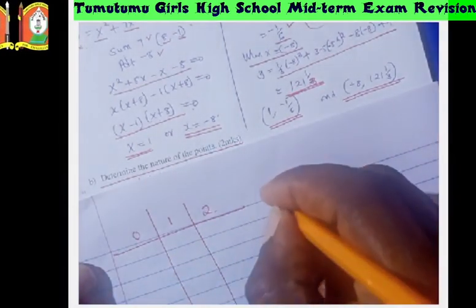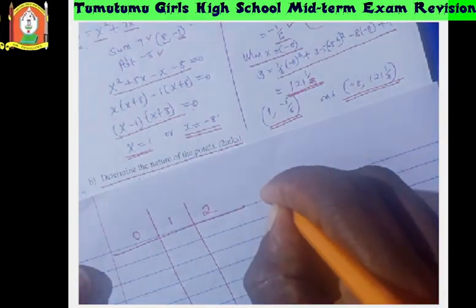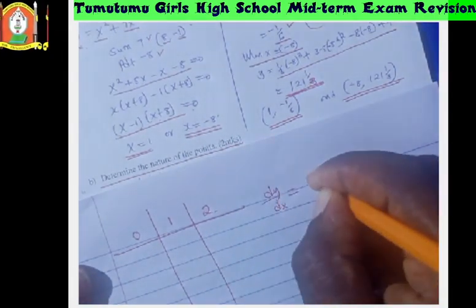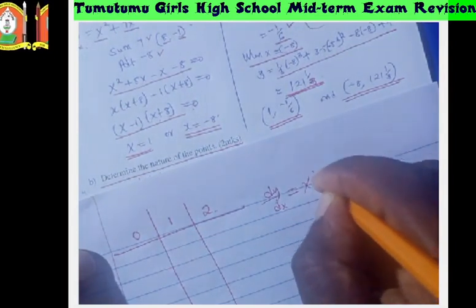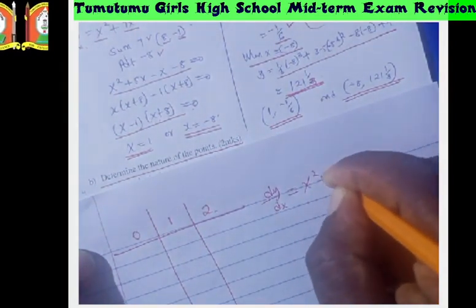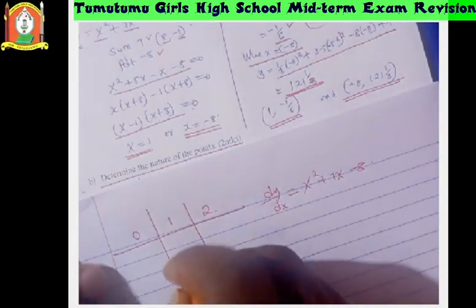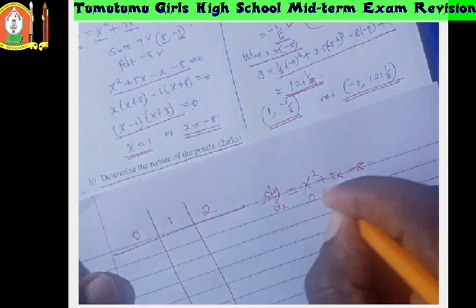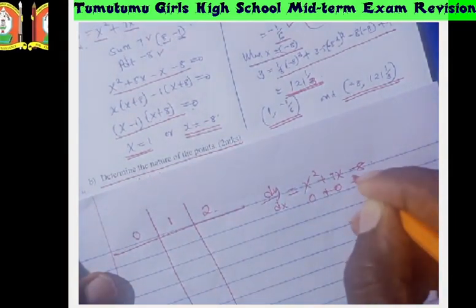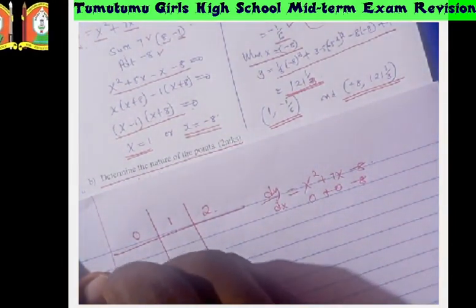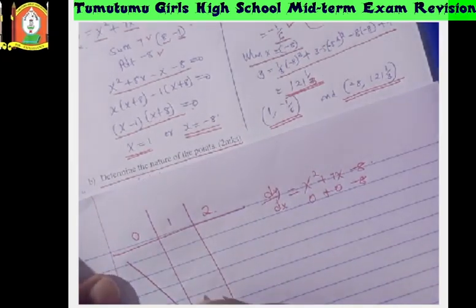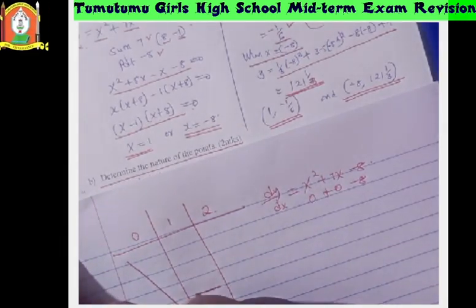So we substitute in the gradient function dy/dx, which is x squared plus 7x minus 8. Substituting 0, we get 0 plus 0 minus 8, which is negative.